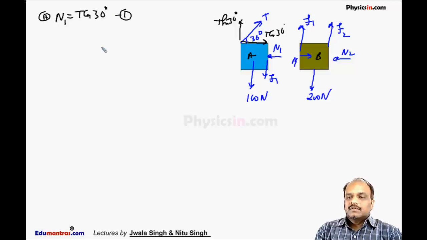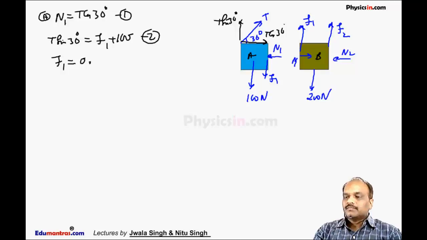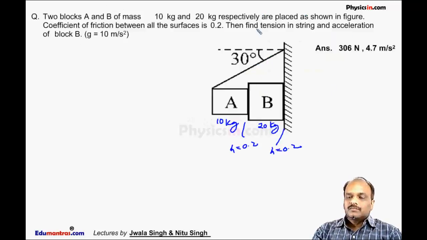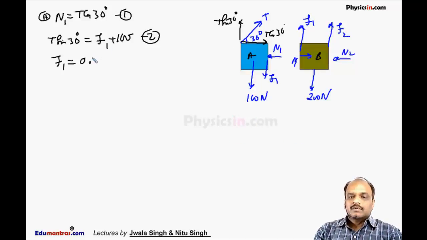And T sin 30 degree must be equal to F1 plus 100. This is our second equation. F1 is equal to mu times N1, that is 0.2 times N1. This is our third equation.